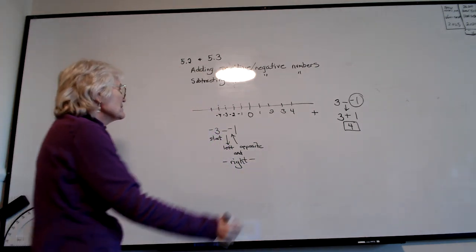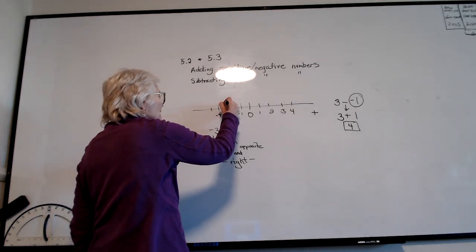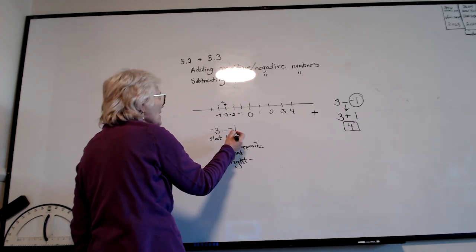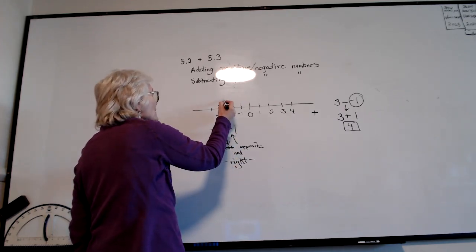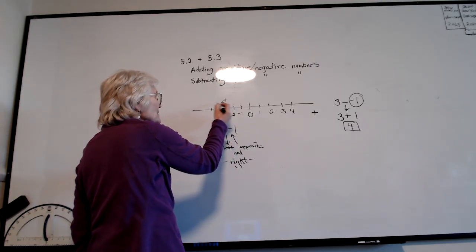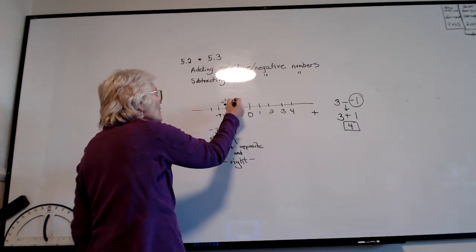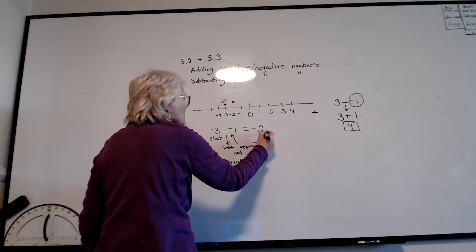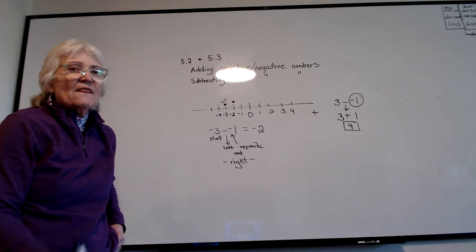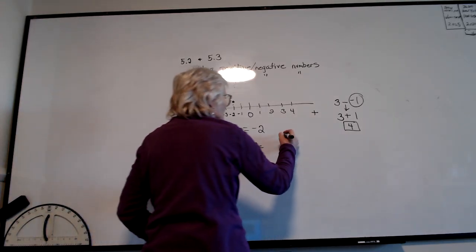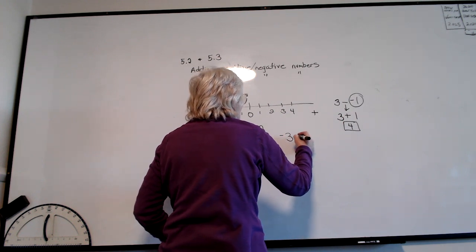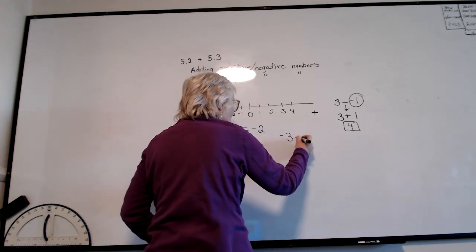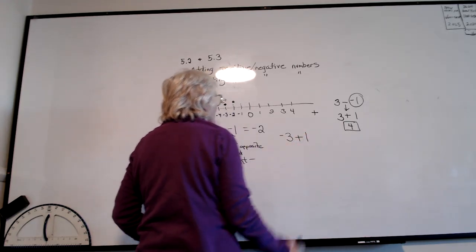Okay, so let's look at this. We start at negative 3. It looks like I'm going to go this way, but no, it says go the opposite way of this. So I'm really going to go this way because that's the opposite of left. How far? 1. So my answer is going to be negative 2. That problem actually changes into negative 3 minus, that means left, but the opposite of that, which is plus 1.